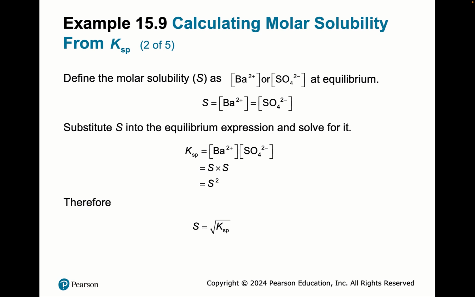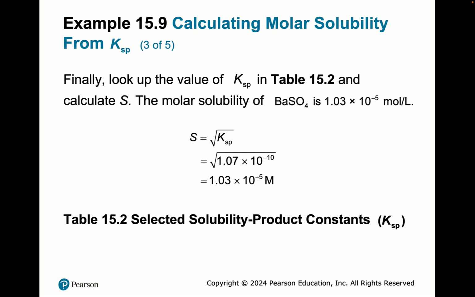So the molar solubility is the square root of the KSP. You plug it in and you get 1.03 times 10 to the minus 5 molar. So these salts are sparingly soluble. This is for a sparingly soluble salt.